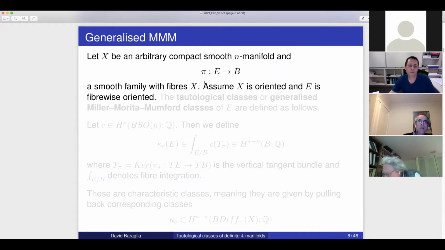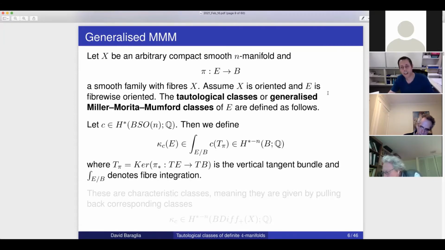Okay, now I'll tell you what the tautological classes are in the general context. We have once again a family E over base B with fiber X, and now I'm going to assume that it's fiberwise oriented. Then the tautological classes, or generalized Miller-Morita-Mumford classes, are defined as follows.